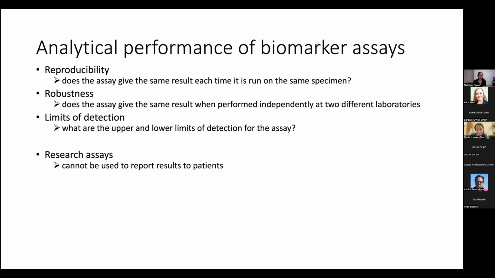So I kind of think of the different levels of analytical performance. You could have research assays. These are developed in-house. They can't be used to report results to patients, and they can have varying levels of reproducibility, robustness, and things like that. So with these assays, we need to be a lot more careful about how we do the evaluation of these biomarkers.